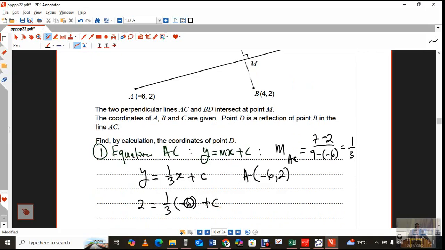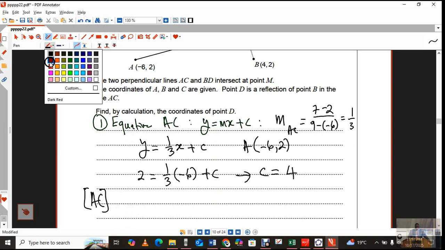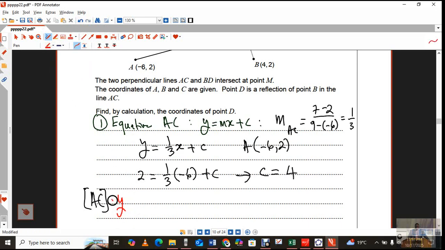A third of negative 6 is negative 2, so c is equal to 4. So the equation of AC is y equals 1 over 3x plus 4.